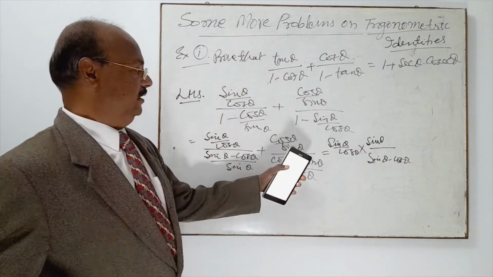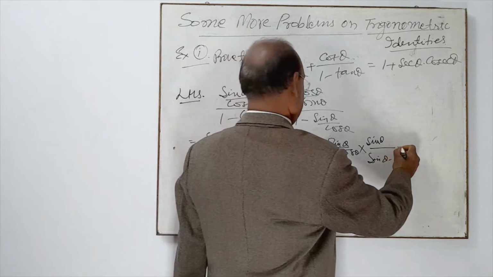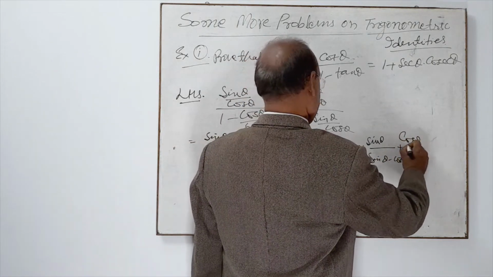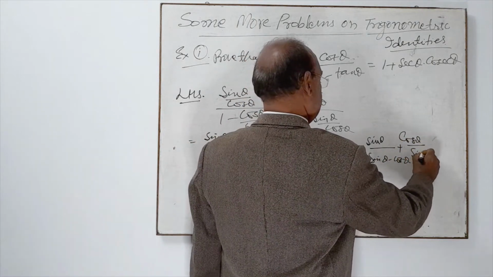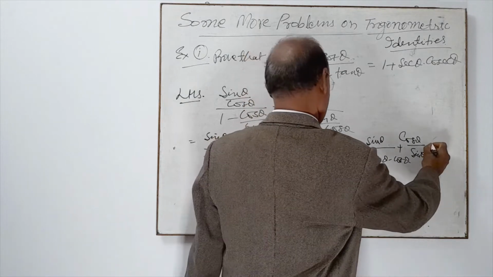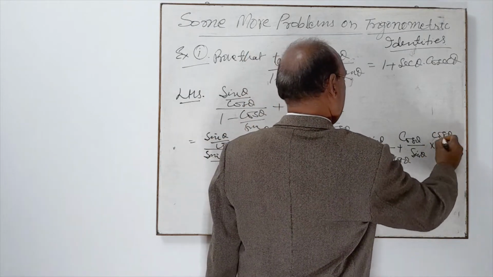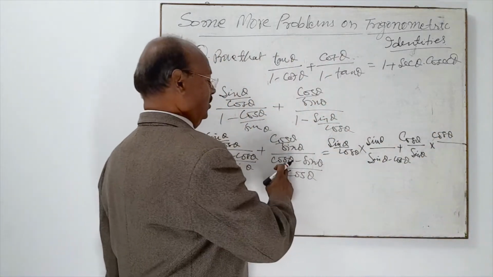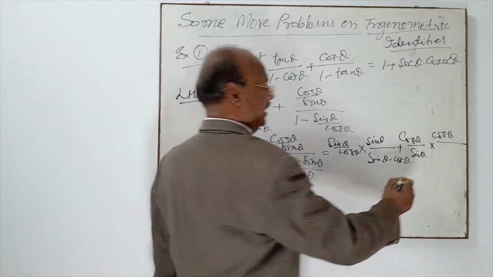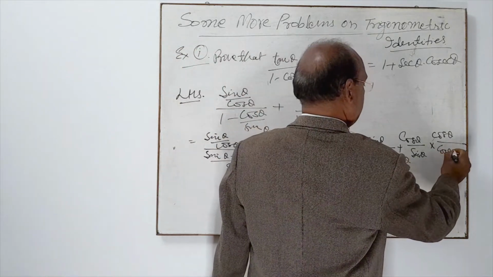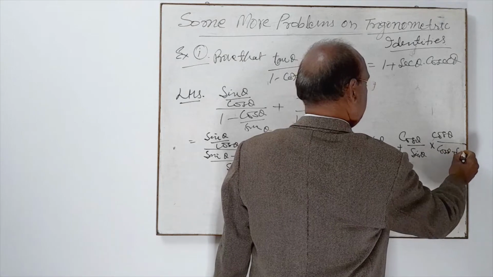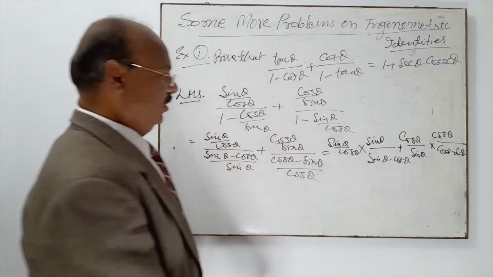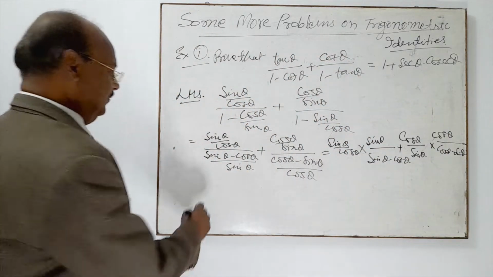And similarly, the next term is cos theta by sine theta into cos theta by cos theta minus sine theta. We will simplify it further.